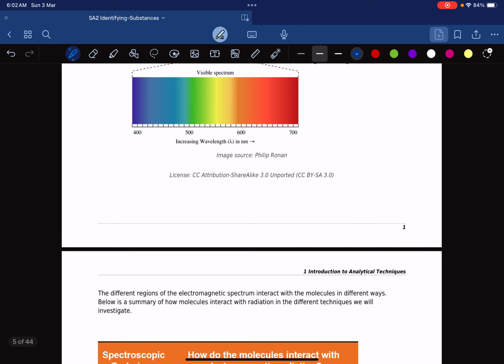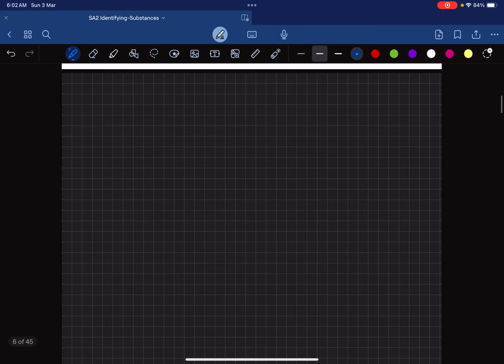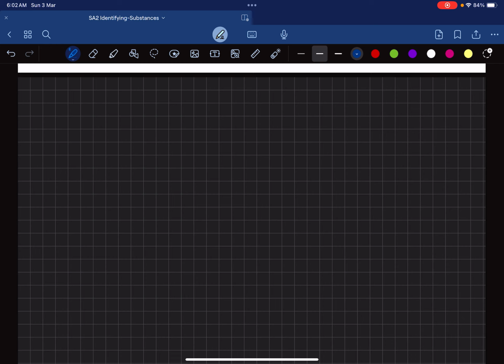I'm just going to explain this to you. All of these waves that come from the sun move in waves. For example, let's say they move something like this.